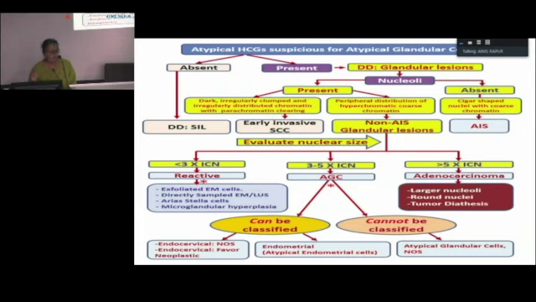The algorithm further depends on the nucleus size. You have to see if the nucleus is less than 3 times the size of an intermediate cell nucleus, 3 to 5 times the size of an intermediate cell nucleus, or more than 5 times the size. If it is less than 3 times the size of an intermediate cell nucleus with a nucleolus, more likely this is reactive.